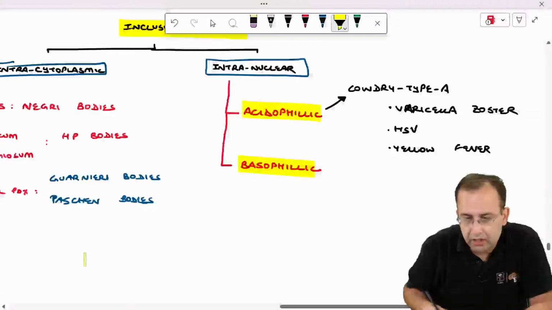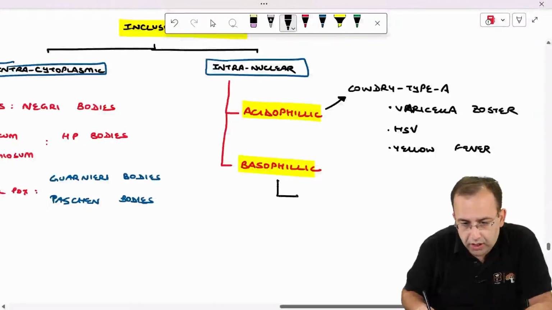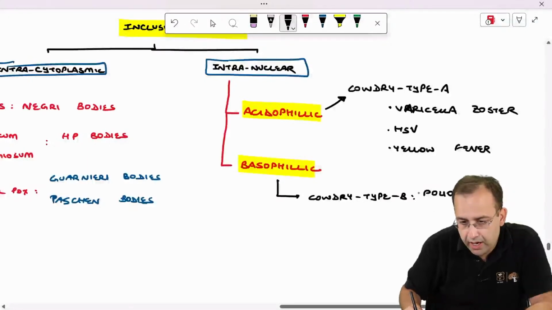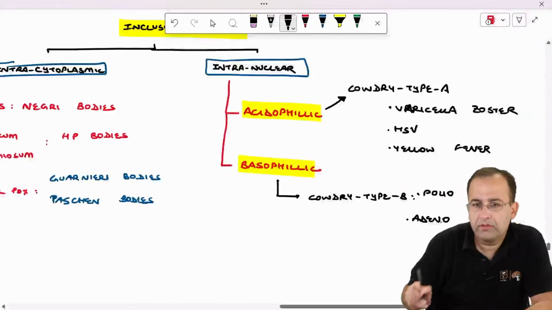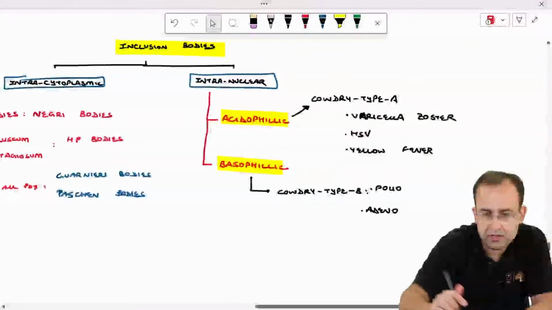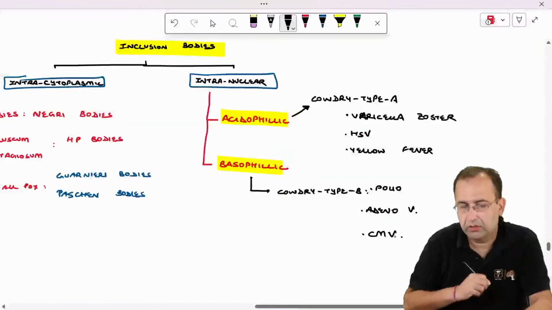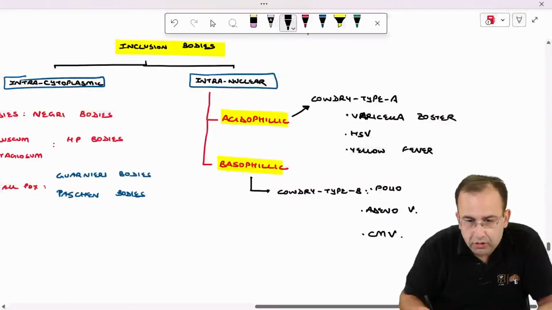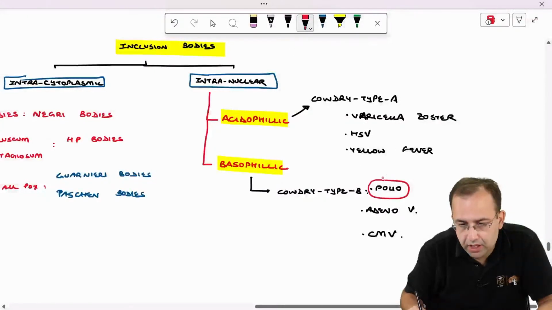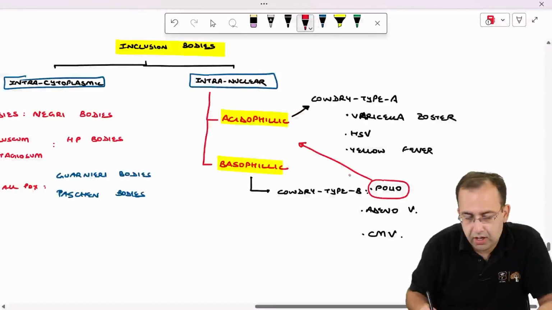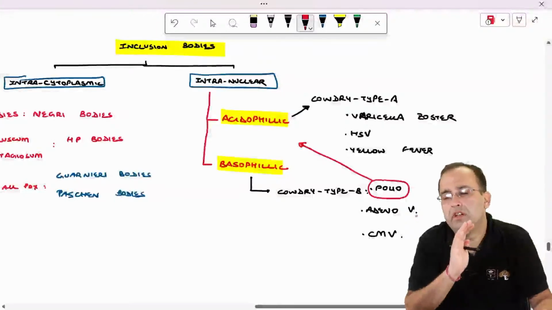Versus basophilic bodies, which are Cowdry type B bodies, seen in poliovirus, adenovirus, and cytomegalovirus, Cowdry type B. Point to be noted here is poliovirus Cowdry type B is acidophilic. Adenovirus and CMV are basophilic.